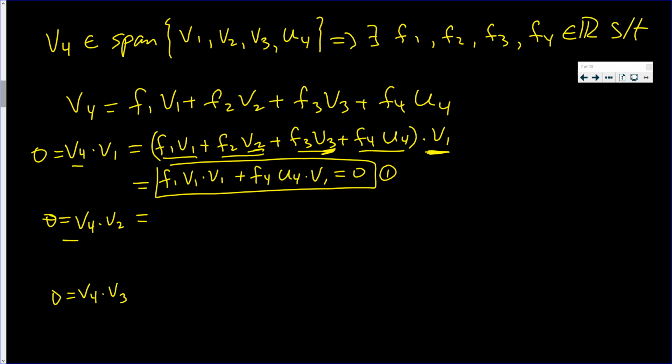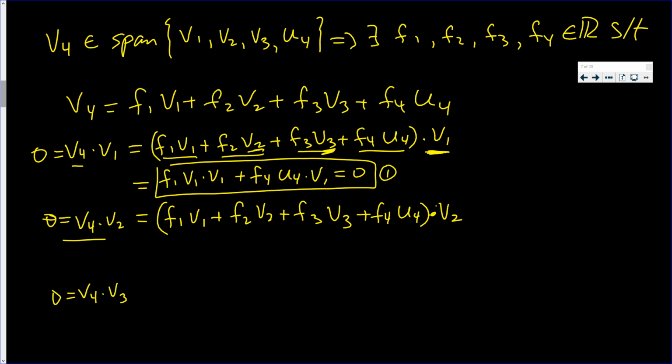Well, this here equals V4, F1 V1 plus F2 V2 plus F sub 3 V sub 3 plus F4 U4. And I want to dot this with V2. Well, V1 dotted with V2 will be 0, even if we multiply it by the scalar. And then this dotted with that, well, that's going to equal F2 V sub 2 dot V sub 2.